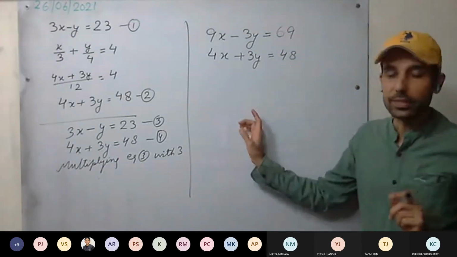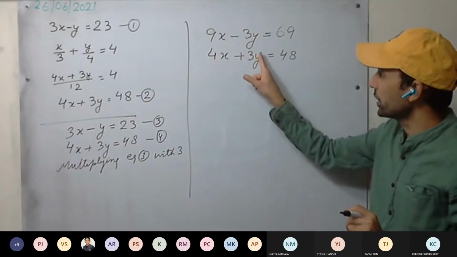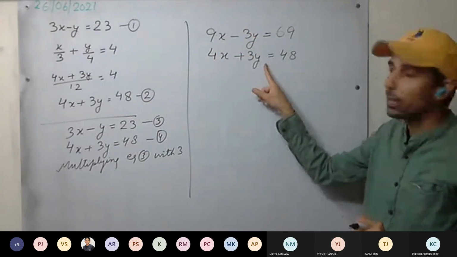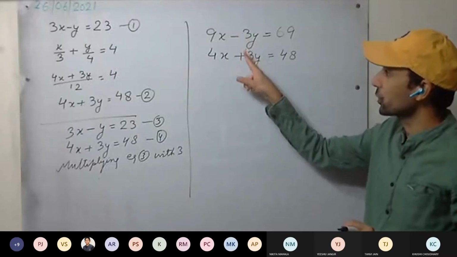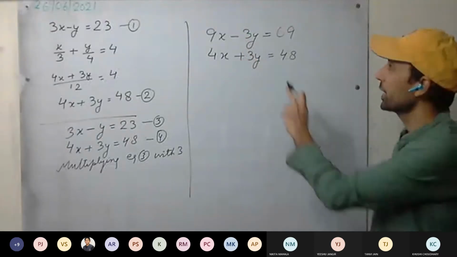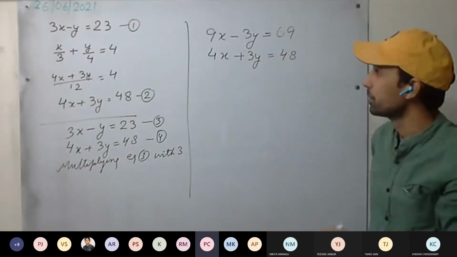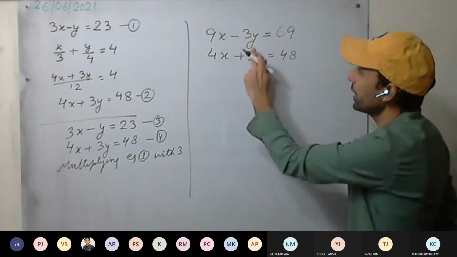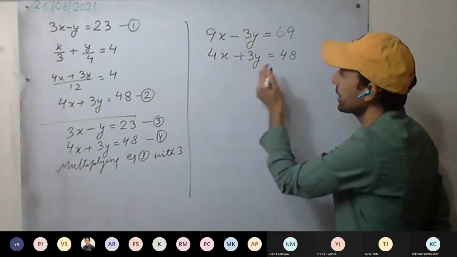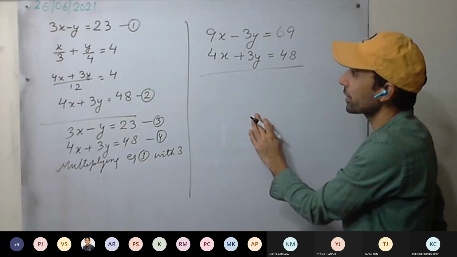Now we have to cancel the y term. Should we subtract the second from the first, or add them? We have to cancel them, so we have to add. If we add, they will get cancelled.